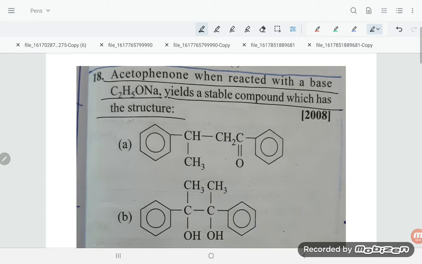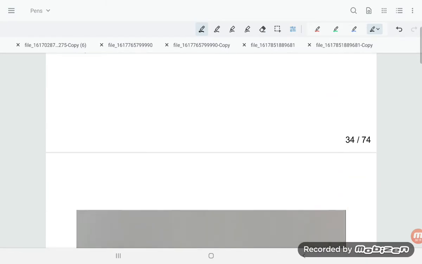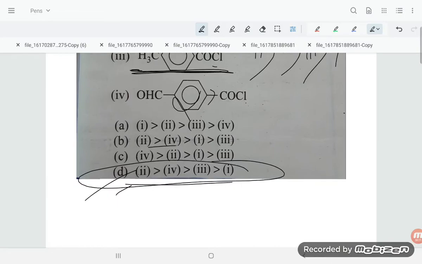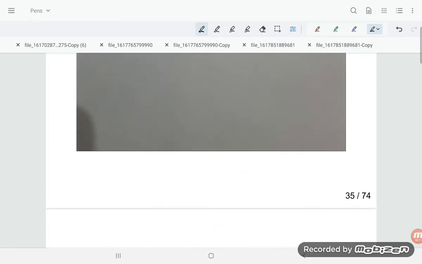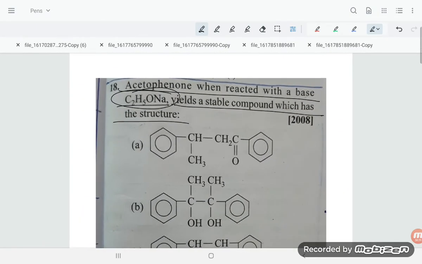So acetophenone is going to react with base C2H5O negative, and they are asking what compound will form.